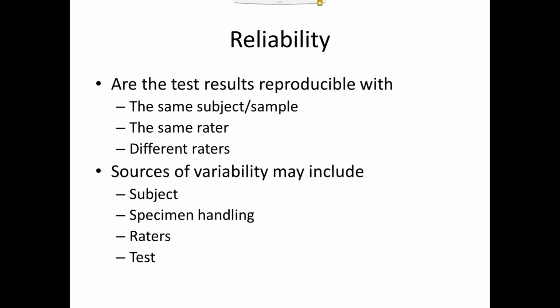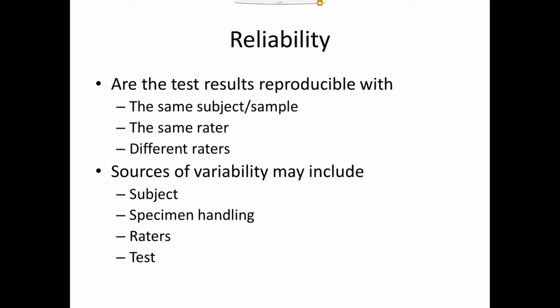Like anything in clinical medicine, there are lots of sources of variability. Sources of variability that may affect reliability of a diagnostic test may include between or within subject variability, which may relate to the spectrum of the biological underlying disorder.